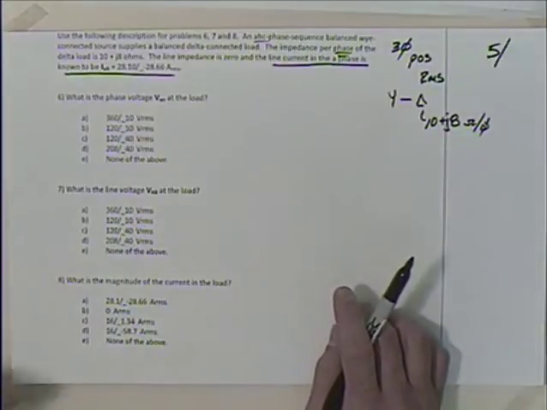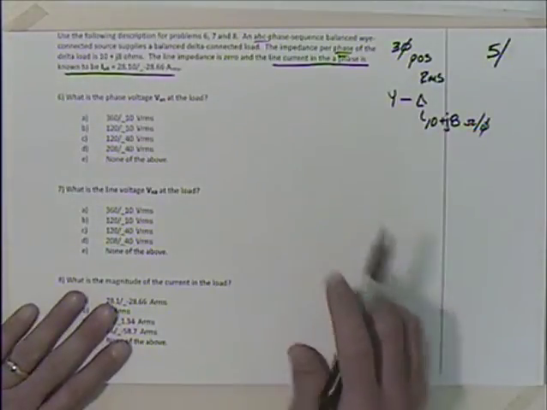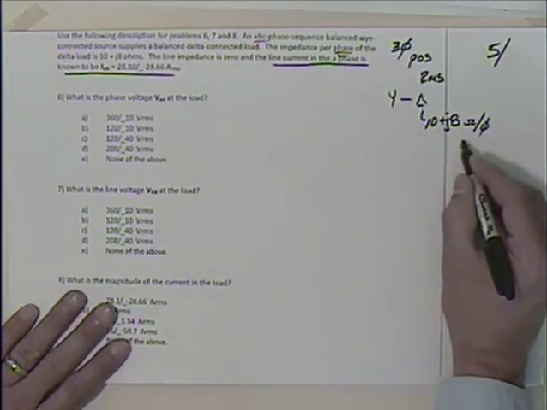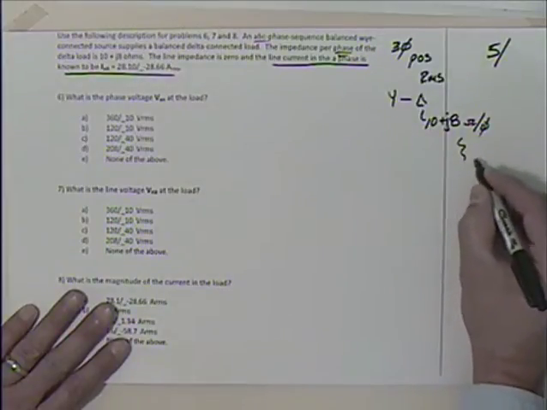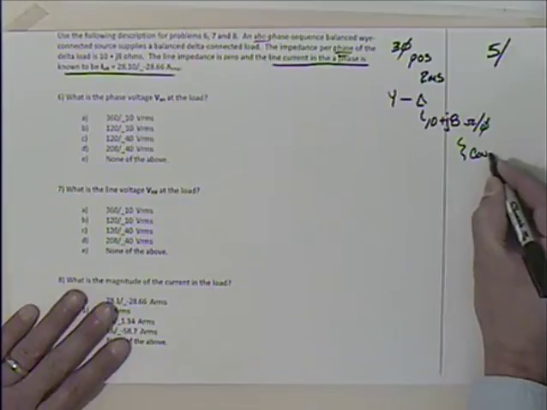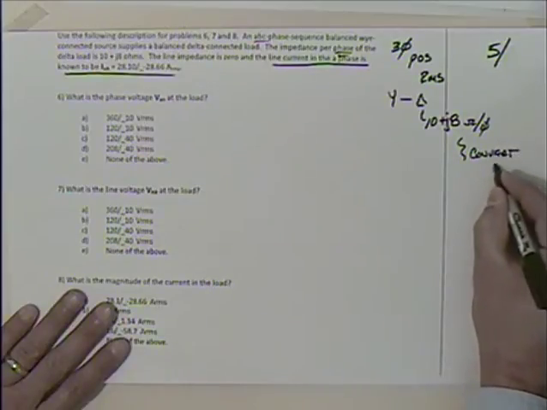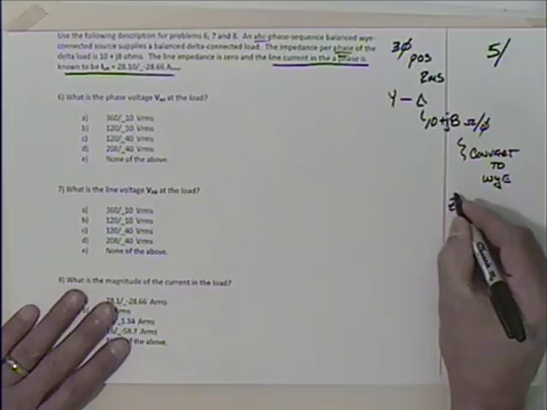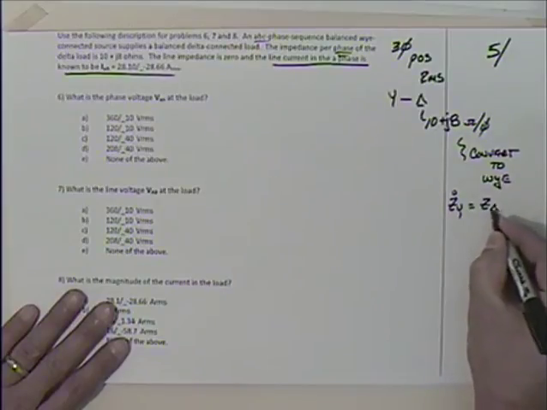Okay. So let me build my single phase equivalent circuit. To do that, I need to convert this delta to a Y. And I do that by saying that Z sub Y would be equal to Z sub delta divided by 3.